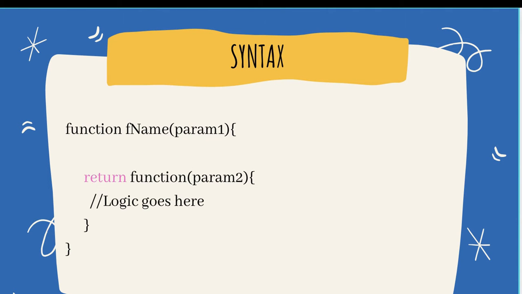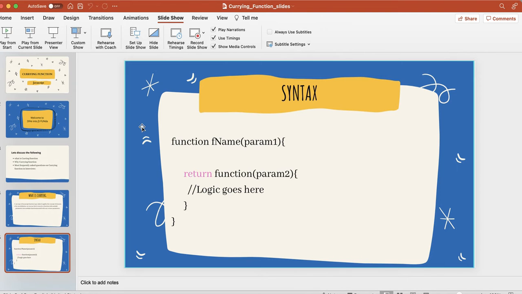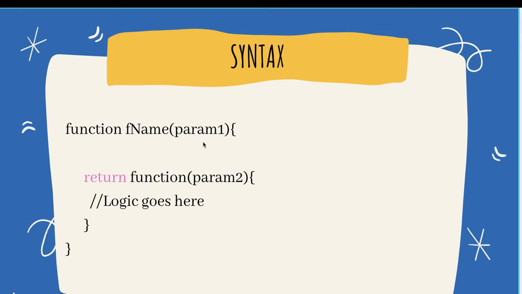This is a simple syntax I just wanted to show you. You will have an outer function. Here in this example you can see fName is the outer function, which accepts a parameter param1 and returns a function which again accepts a parameter param2. You write your logic here, whatever you want to implement for your task, and you return this function.